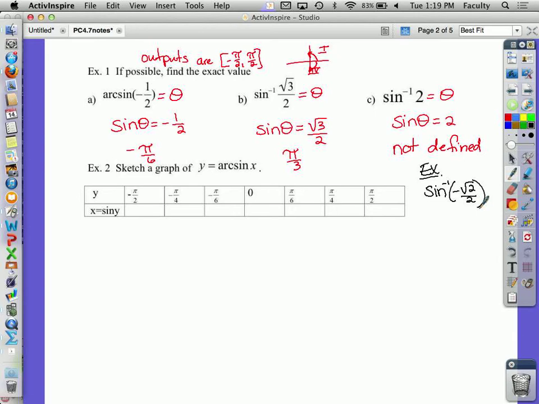You want to figure out the reference angle. And what's kind of nice about inverse sine is that if you figure that out, the negatives are just the negatives of it. That's it. So what would this one be? 7 pi over 4? It can't be 7 pi over 4 because that's not a number between negative pi over 2 and pi over 2. Negative pi over 4. Do you see that?